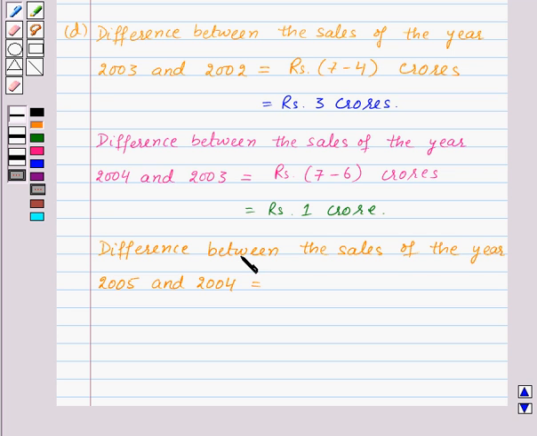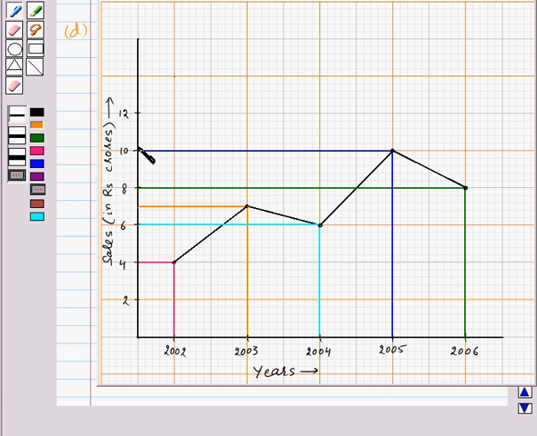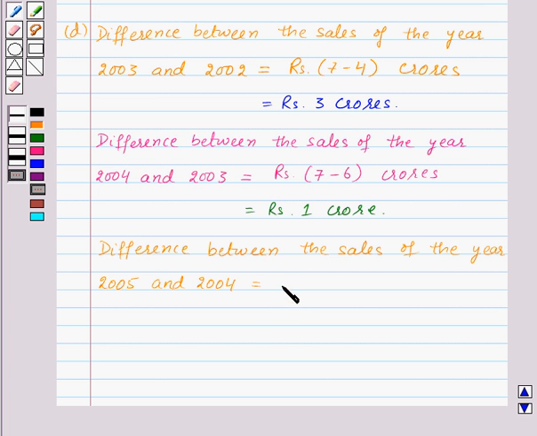Now, difference between the sales of the year 2005 and 2004 will be rupees 10 crores minus rupees 6 crores, as the sales of year 2005 were rupees 10 crores and the sales of the year 2004 were rupees 6 crores. So this will be equal to rupees 10 minus 6 crores, that is rupees 4 crores.